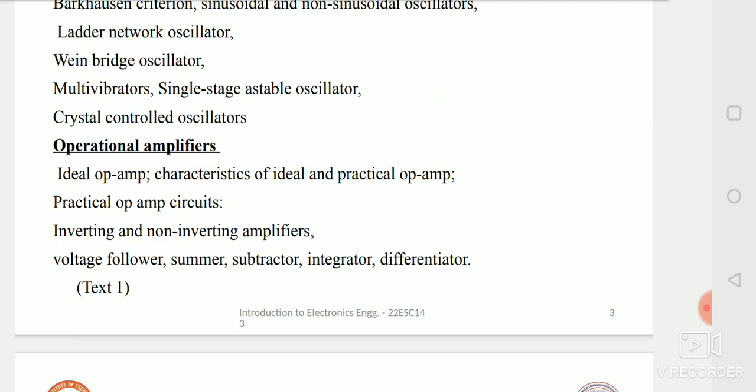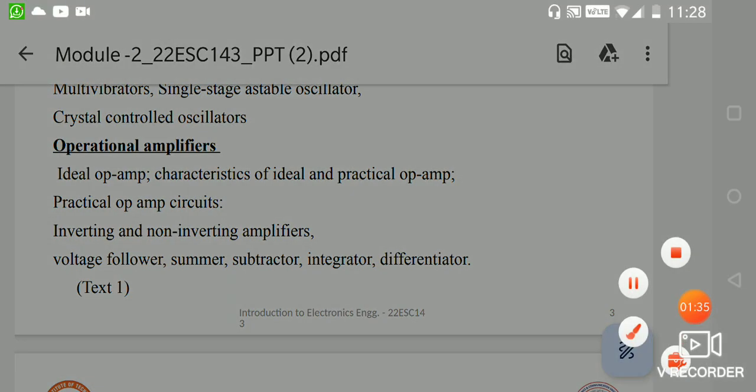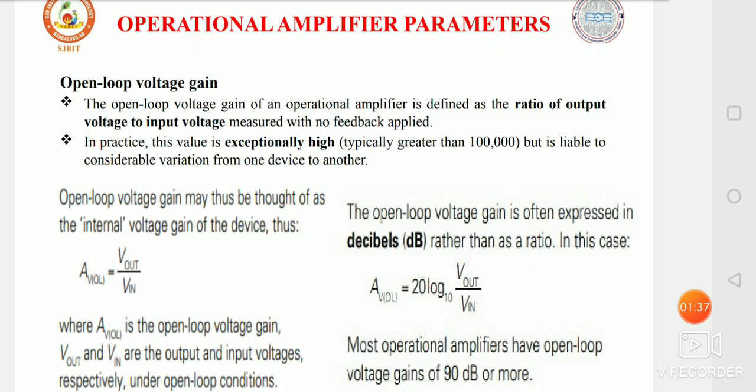For this, you have to know the operational amplifier parameters first of all. That is the open loop voltage gain. Open loop voltage gain of an operational amplifier is defined as the ratio of output voltage to input voltage measured with no feedback.